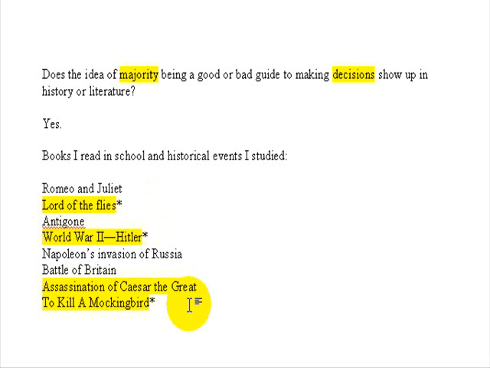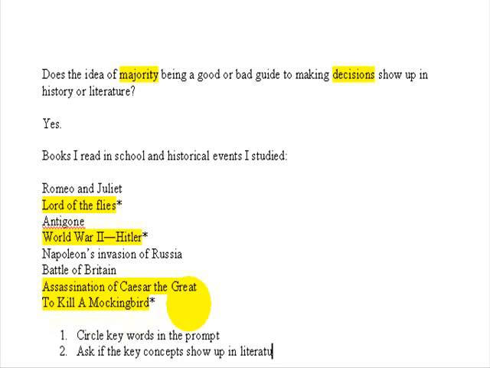And basically, when you have this, you now have your three examples you're going to use in your essay. So by understanding the prompt, dissecting it, thinking about it carefully and going through this process, again, I'll summarize this process for you. Step 1, circle keywords in the prompt, and make sure you always read the assignment first and then the quote so you don't get confused. Step 2 is to ask if the key concepts show up in literature and history.